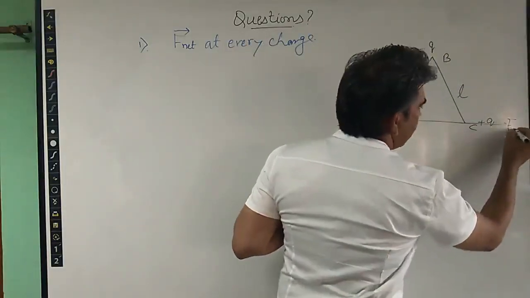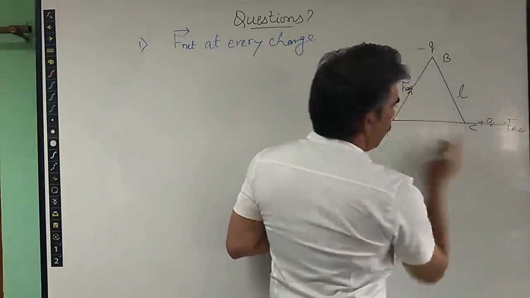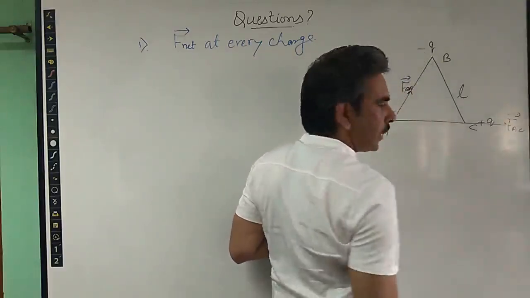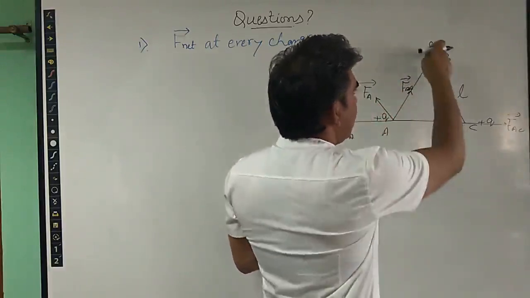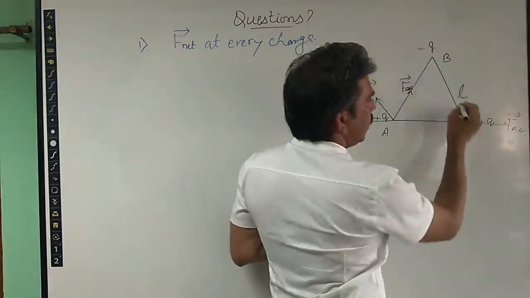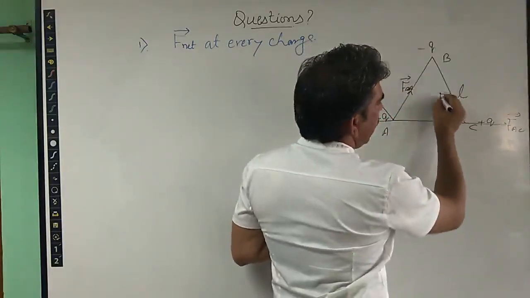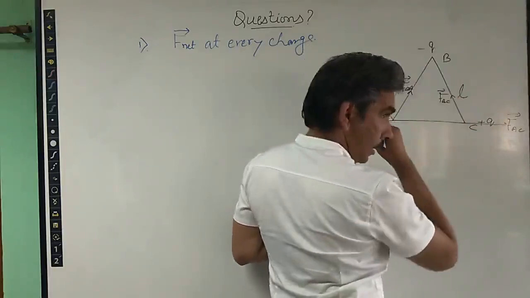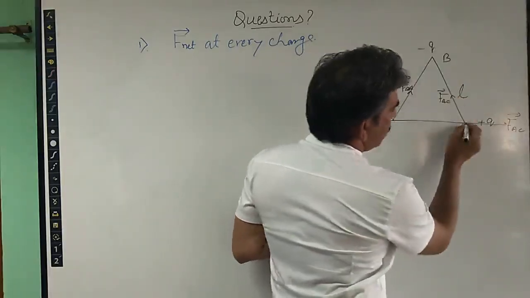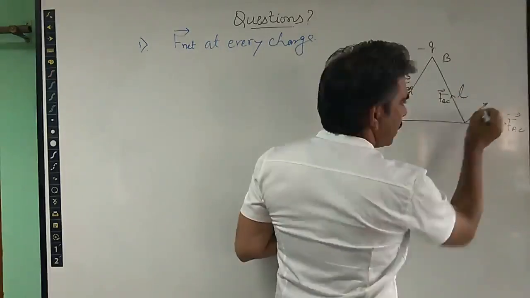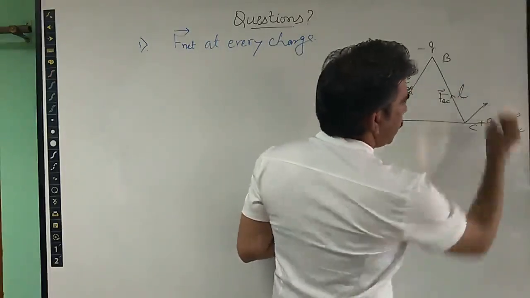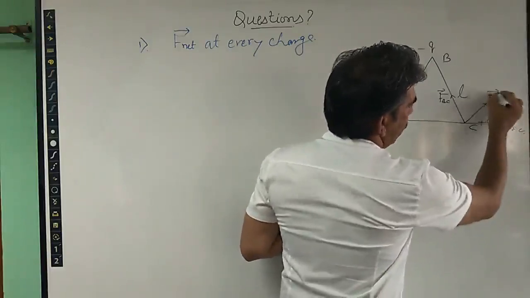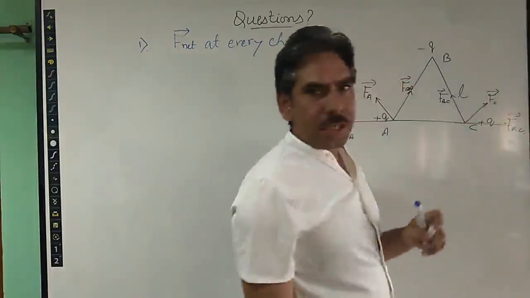It is FAC, the force exerted by the charge at A on C. And similarly, the force exerted by the charge at B we can indicate by FBC. The resultant of these two forces will again be found by the parallelogram law of vector addition. We can give this resultant the name FC, the resultant force at point C.